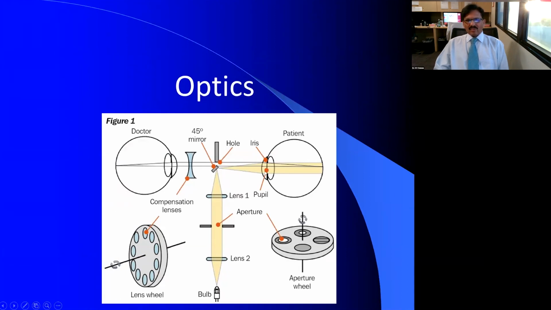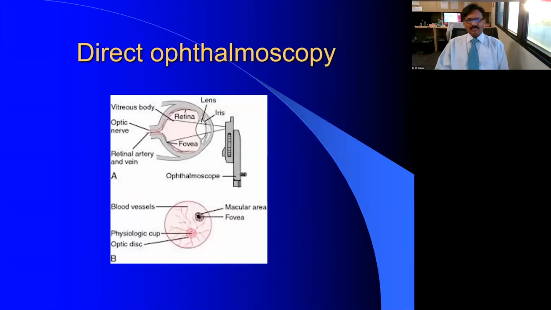So the limiting factors are obviously the pupillary dilation here, and of course, the separation of the angle of illumination from the angle of observation that basically gives you the image. So you can examine especially the posterior part of the eye, the disc and the macula are fairly reasonably visualized. But beyond that, it's really a difficult thing to get a good comprehensive view of the retina.